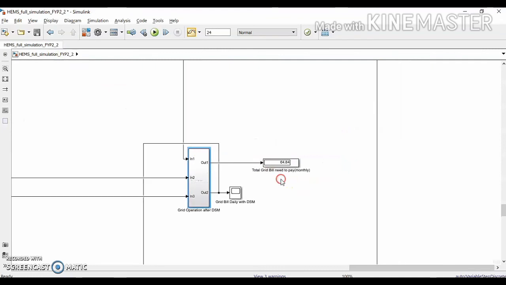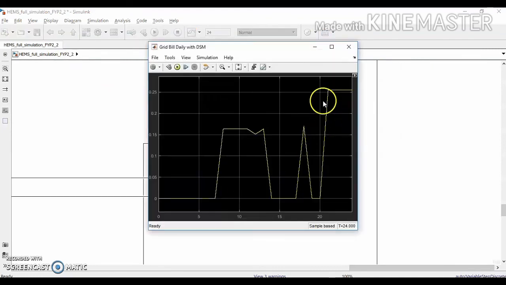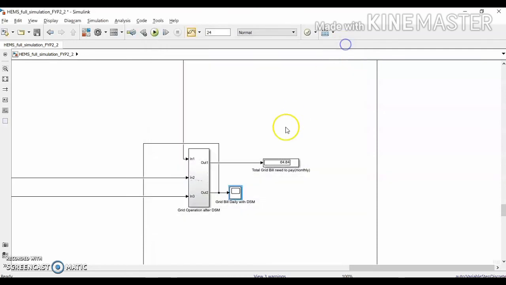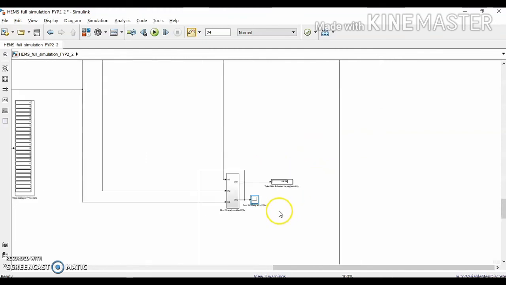So this is the daily grid bill after we implement the double layer. The total grid bill for the month that we need to pay is 64 ringgit and 84 cents.